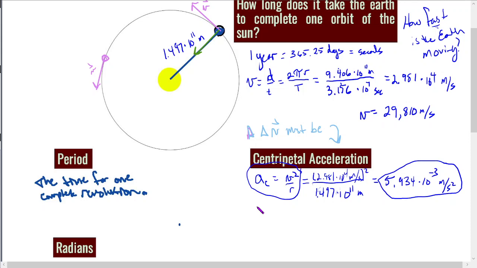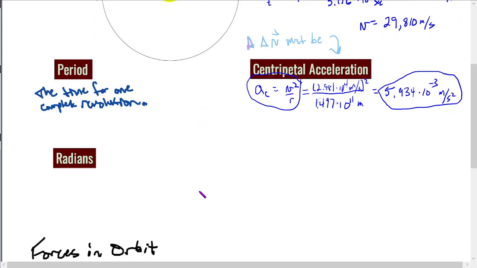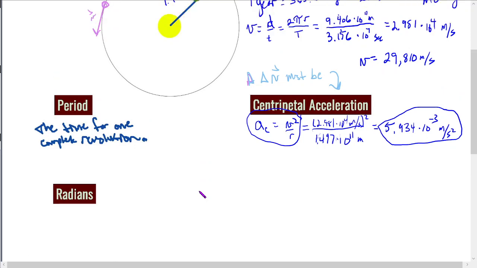Okay, now there's another kind of velocity we need to talk about while we're here, and that has to do with our angular acceleration, or our angular velocity. And in order to talk about that appropriately, we need to discuss radians.